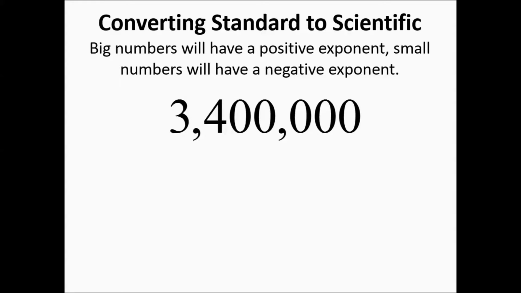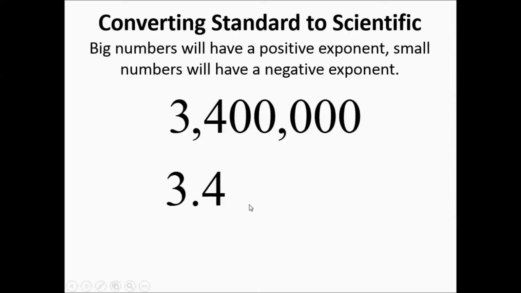So when we have standard notation and we're putting it into scientific notation, we want to tune into the non-zero part, and we're going to realize, so at the beginning of this presentation we said the first number has to be between 1 and 10, so we can't have it as 34. We're going to think of it as 3.4, 3 4/10.